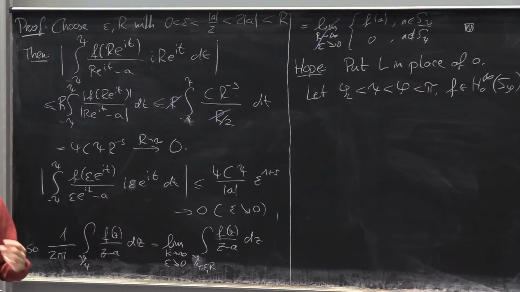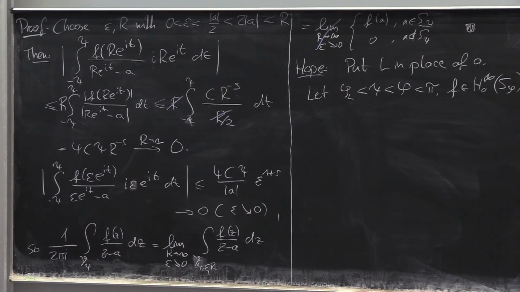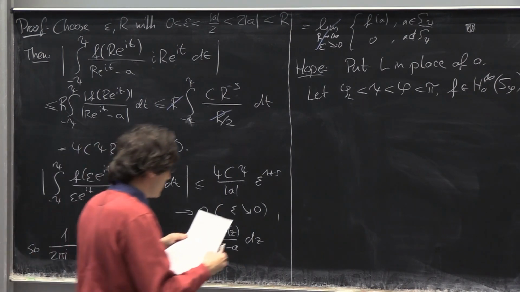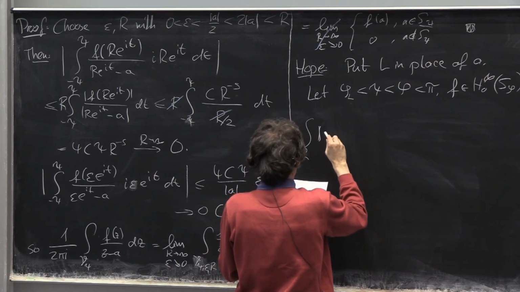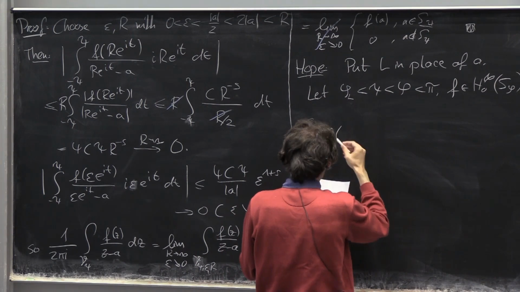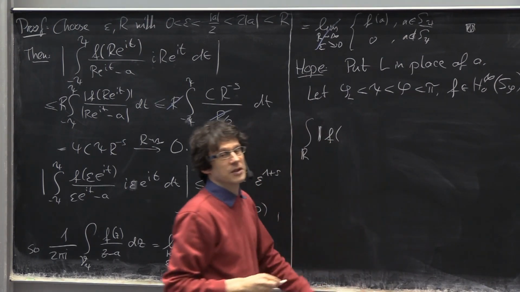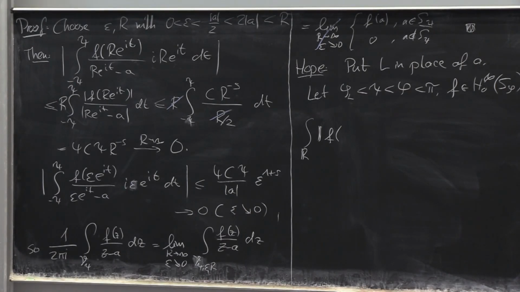So the first thing we have to check: does this integral remain absolutely convergent? And this works fine. If you put an L instead of A here, you're integrating in the normed space of bounded operators on H, so it's a Bochner integral.